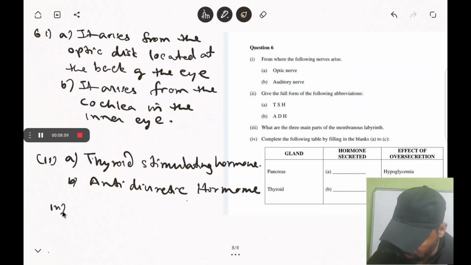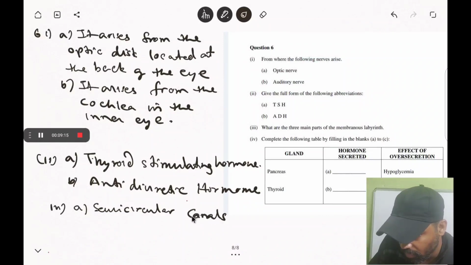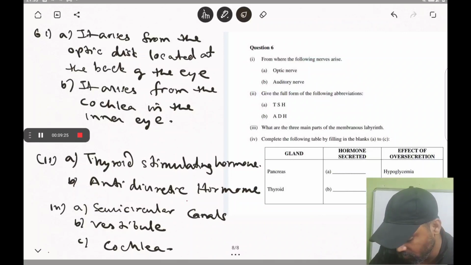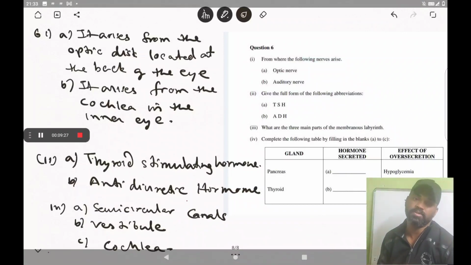What are the three main parts of the membranous labyrinth? So there are three main parts: semicircular canals, vestibule, yes or no? Number C, cochlea. So these are the three main parts.